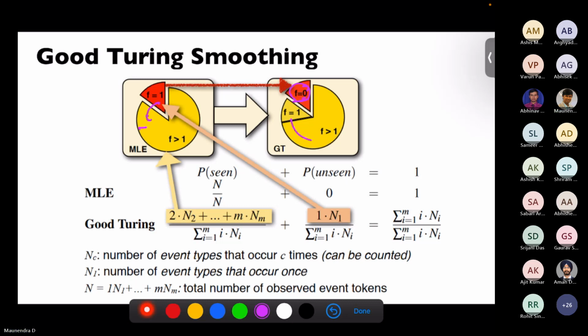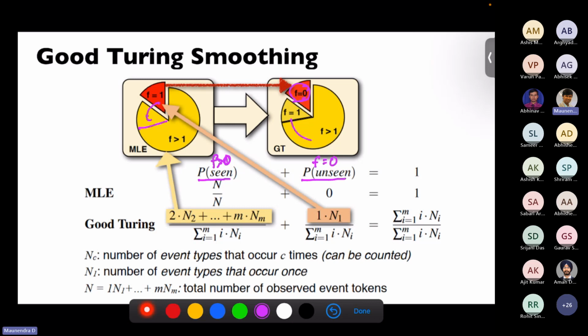If we look at the parts where the probability mass is for the n-grams with non-zero frequency, those are the seen n-grams, so the sum of their probabilities and the unseen probabilities was 1, right?